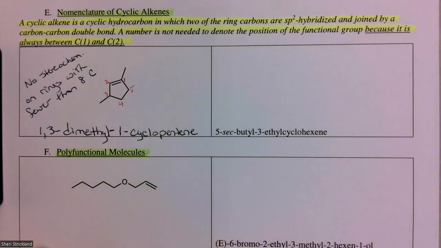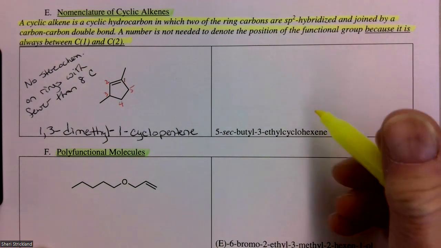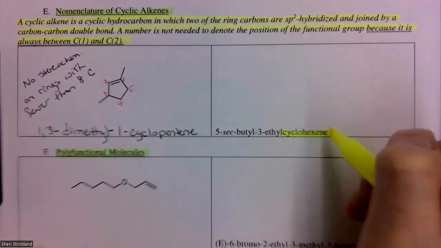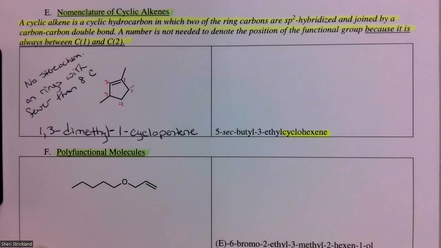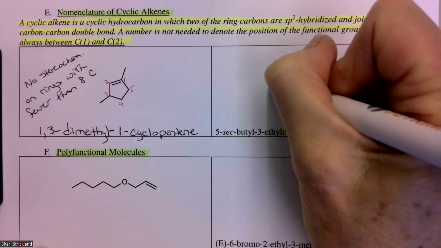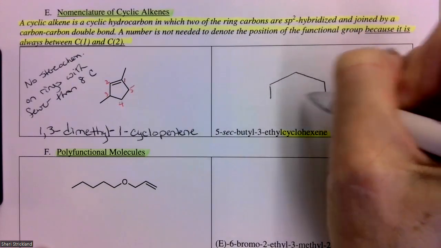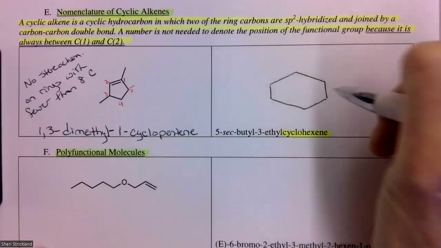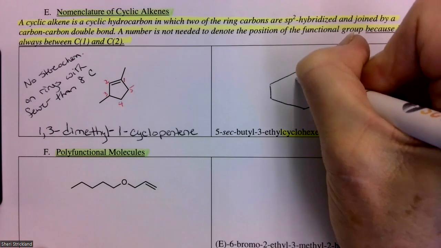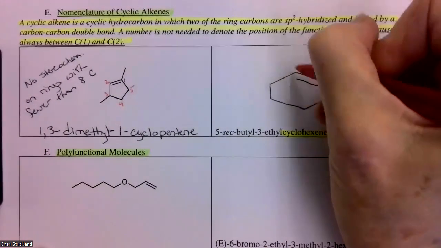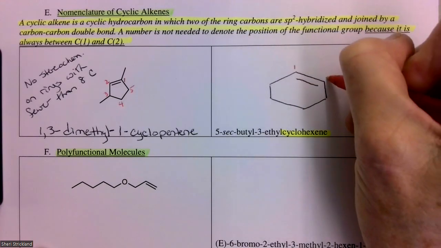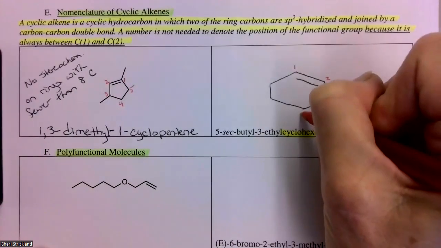All right, so come on over here. If we've got 5-sec-butyl 3-ethyl cyclohexene, there's the parent. And you can put that double bond wherever you want. Let's say we put it here. When you are drawing from a name, you are the captain of the ship.